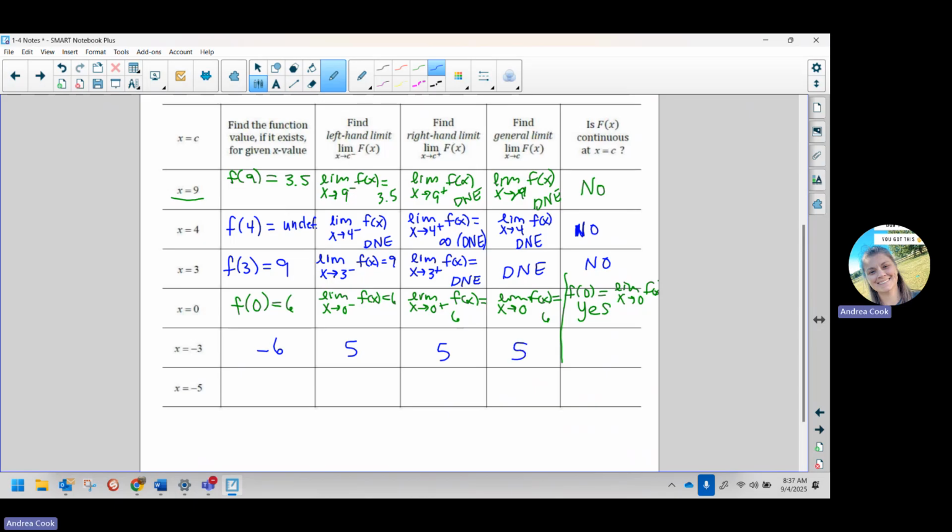But this is not continuous. And the reason it's not continuous is because f of -3 does not equal the limit as x approaches -3 of f of x.